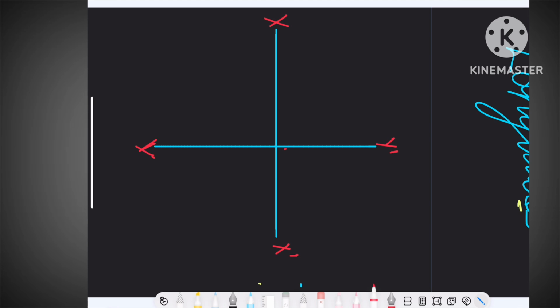If I don't take the x dash and y dash, because it is from the side of maths, this will be like this, meaning that there is a grid.